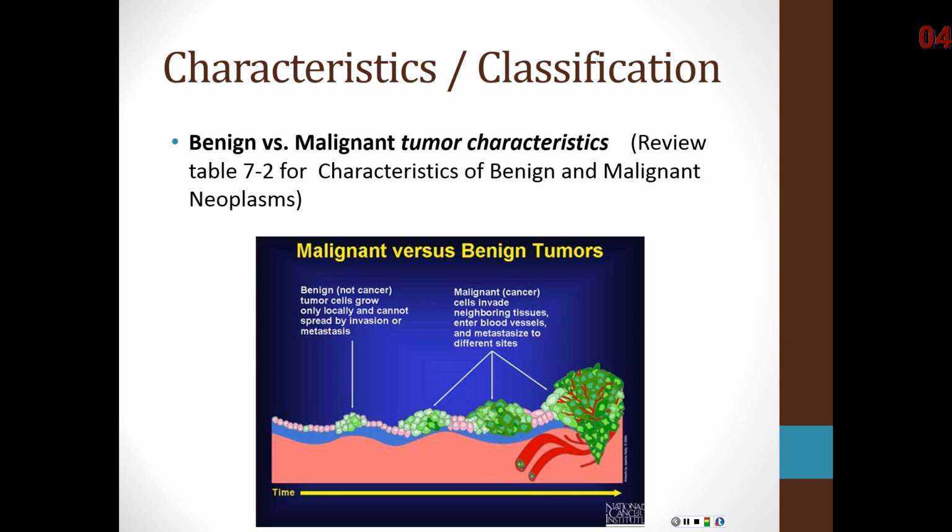First of all, if you look at the picture we've got here, benign tumors stay local. They do not spread. So although they can get large and push into areas that are adjoining, they will not break off and spread to other areas. So one of them is the fact that the cells themselves do not split off, do not spread, do not invade tissues beyond their area.